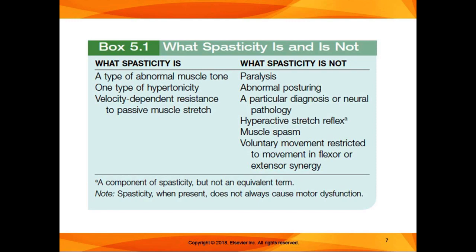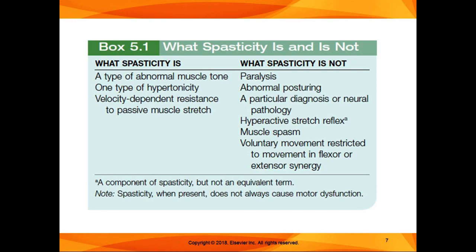So what spasticity is not: it's not paralysis, it's not abnormal posturing, it is not a particular diagnosis or neural pathology. It's more of a symptom of particular diagnoses or neural pathologies. It's not a hyperactive stretch reflex. It's a component, but it's not that.